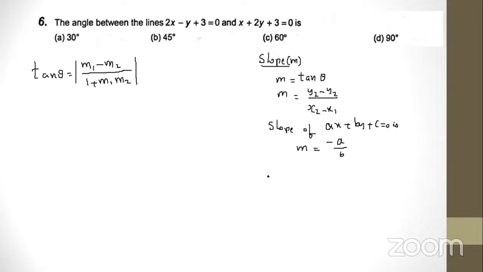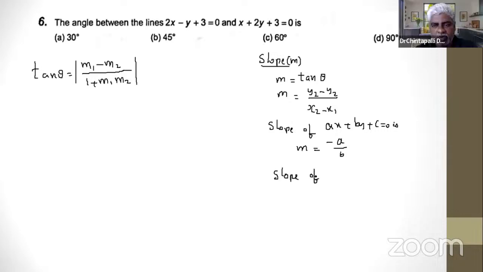Or if the equation is in the form y equal to mx plus c, the slope is just m. The coefficient of x is the slope of that line.